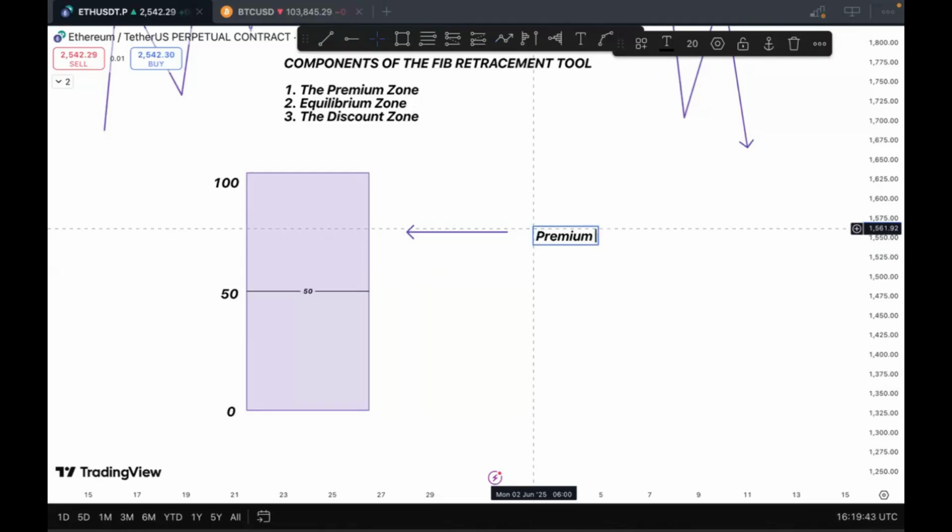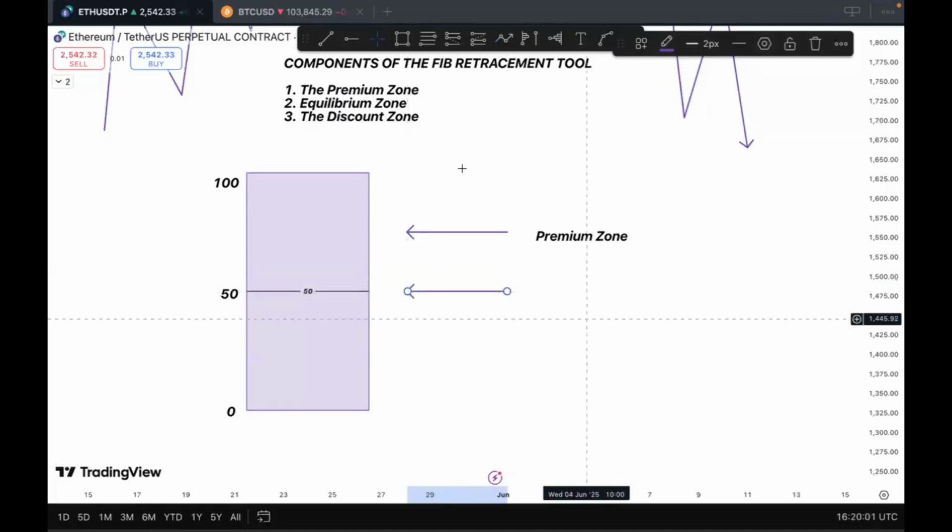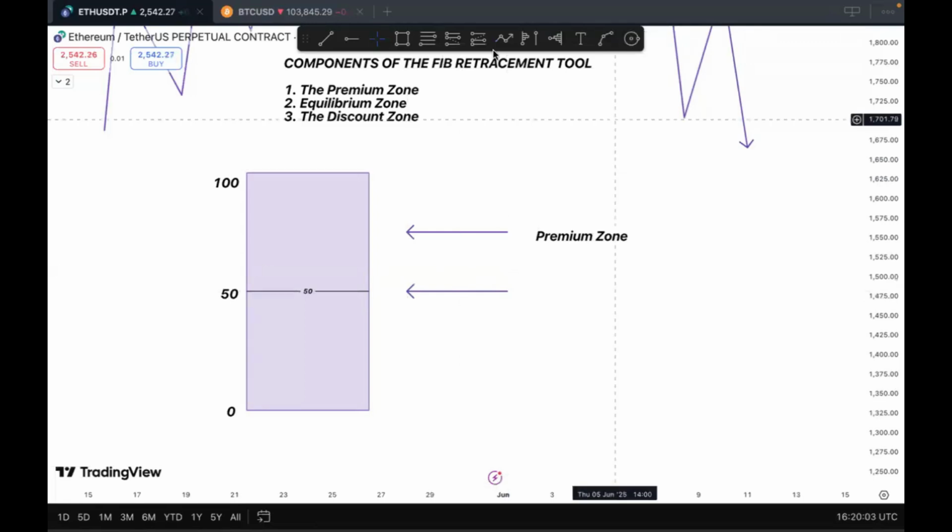While the 50% is called the equilibrium zone.